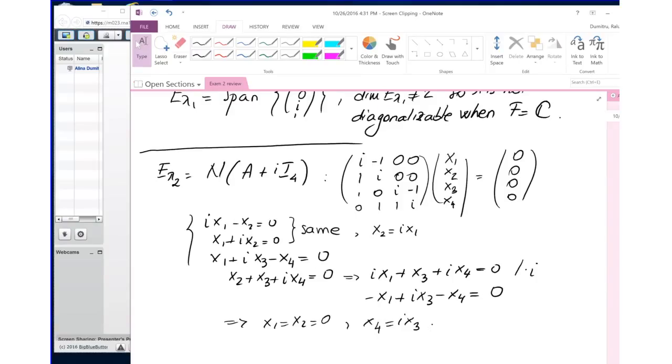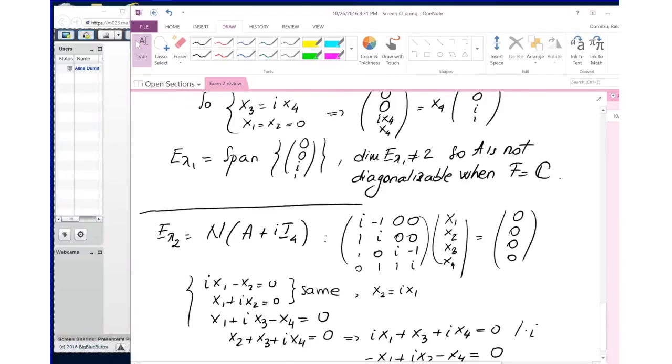So going back to your question, how can it happen that you have two vectors or more in E lambda? Well, E lambda comes from solving a system of linear equations, right? And you know that a system which is 4 by 4 here could turn out to have up to 3 free variables, in this example and in the one above.